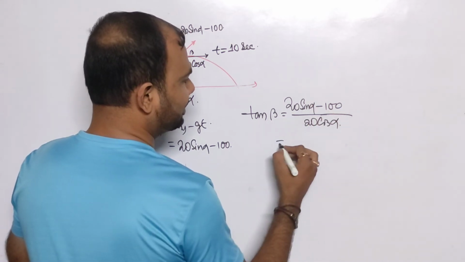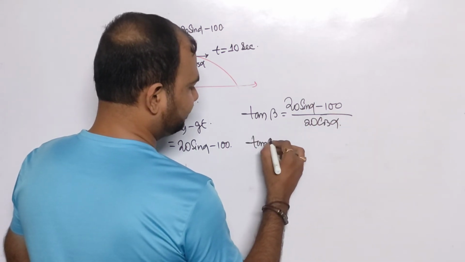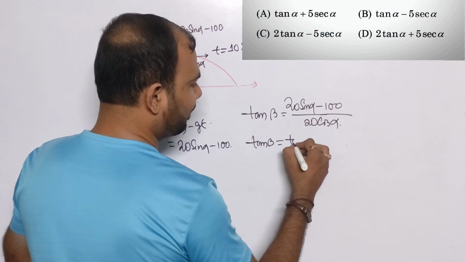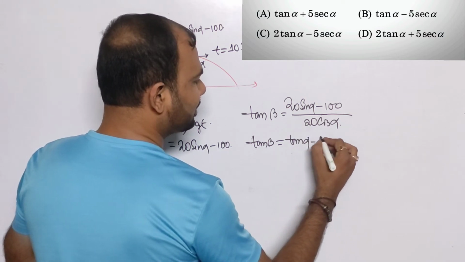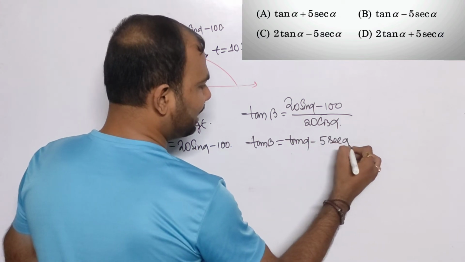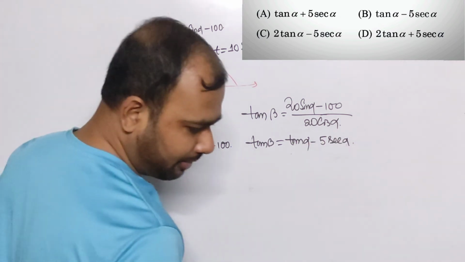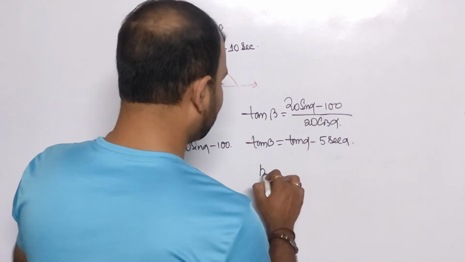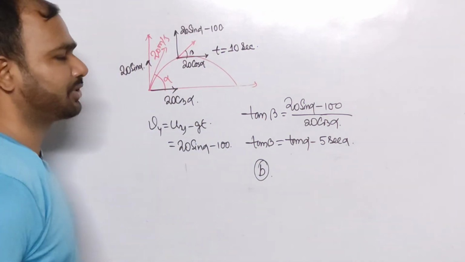If we divide this, we get tan beta equal to tan alpha minus 5 by cos alpha, that is 5 sec alpha. I think option number B is the correct option.